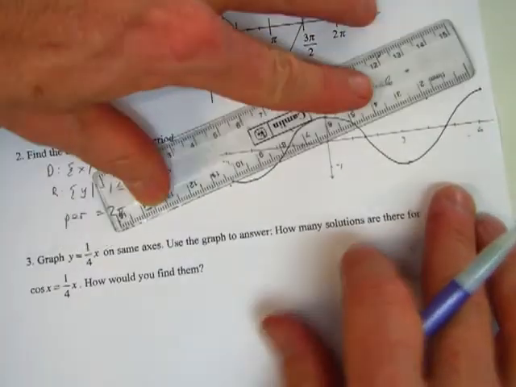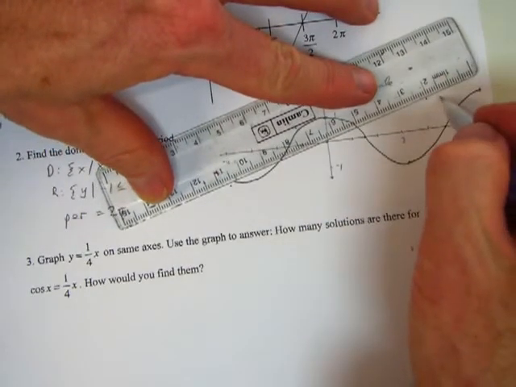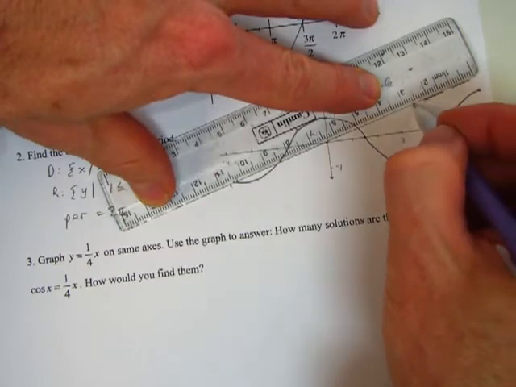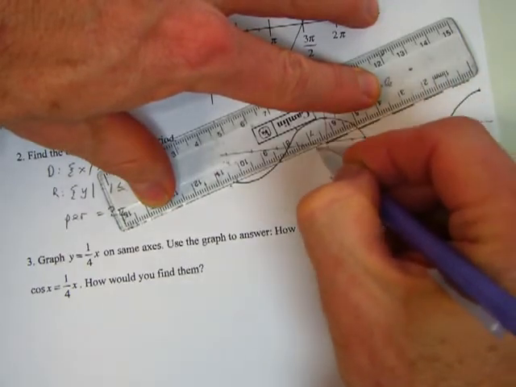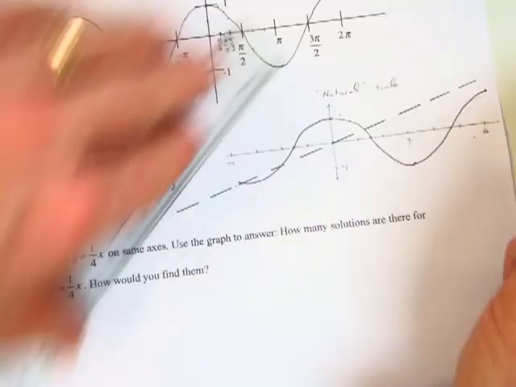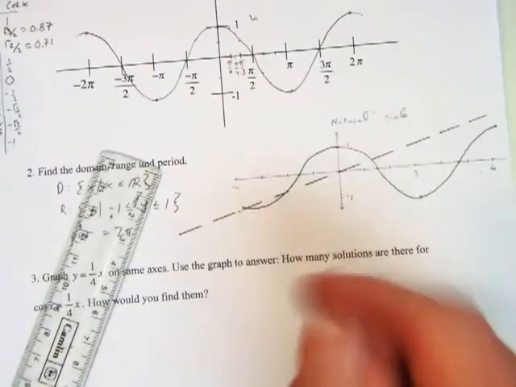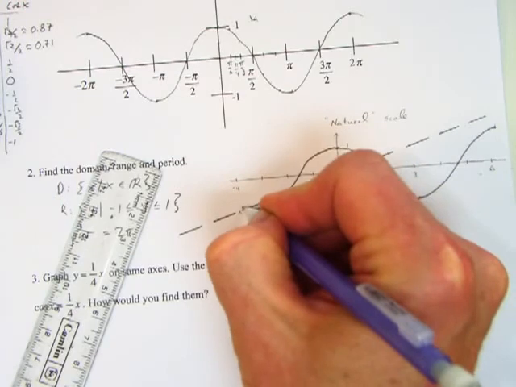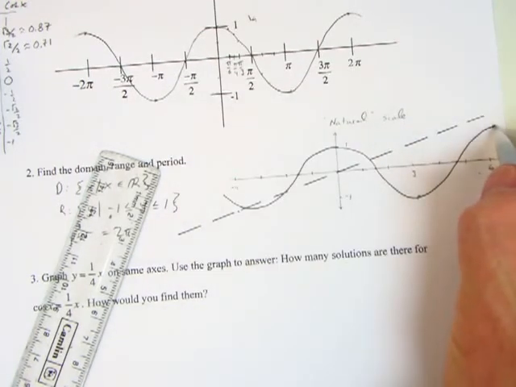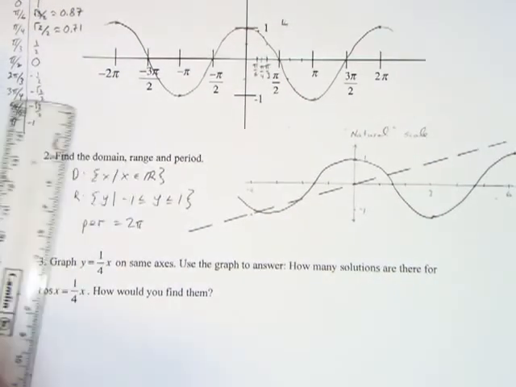So let's connect those dots. I'm going to put it in a dotted line just to make it look different. Now our cosine graph continues up like this, and on this side it'll go back down.